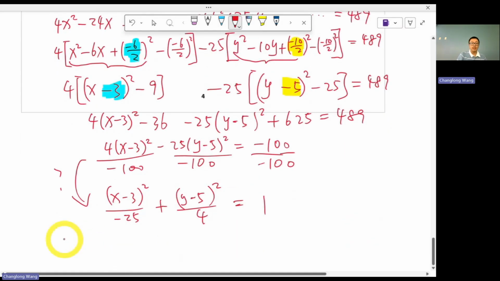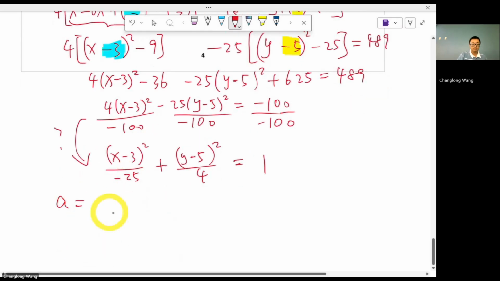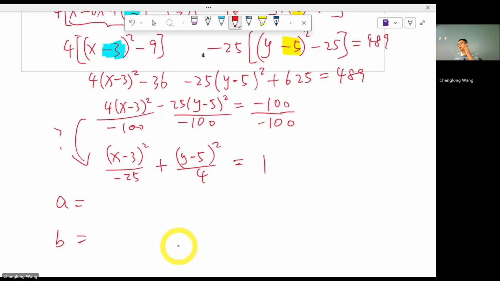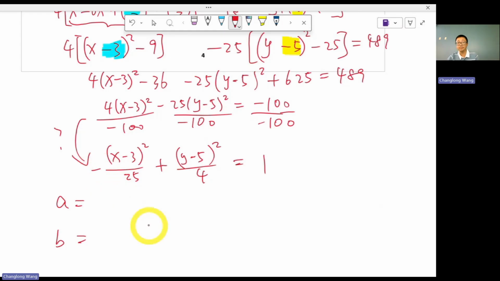Okay, so now what are we looking at when it comes to A and B? Which number? I think you're better off putting that negative sign in the front. Don't let it confuse you into thinking a squared, b squared can be negative.